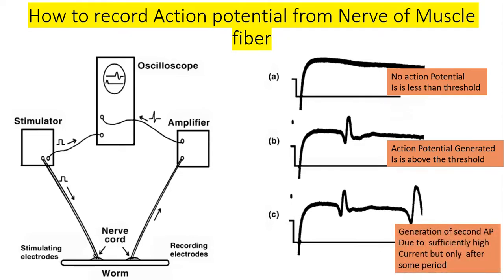Now the third one indicates that the amount of stimulation is much larger, sufficiently high, and as a result this will cause two action potentials, one action potential followed by another. The reason is that if you consider each individual muscle fiber, the stimulation current varies depending upon the diameter.